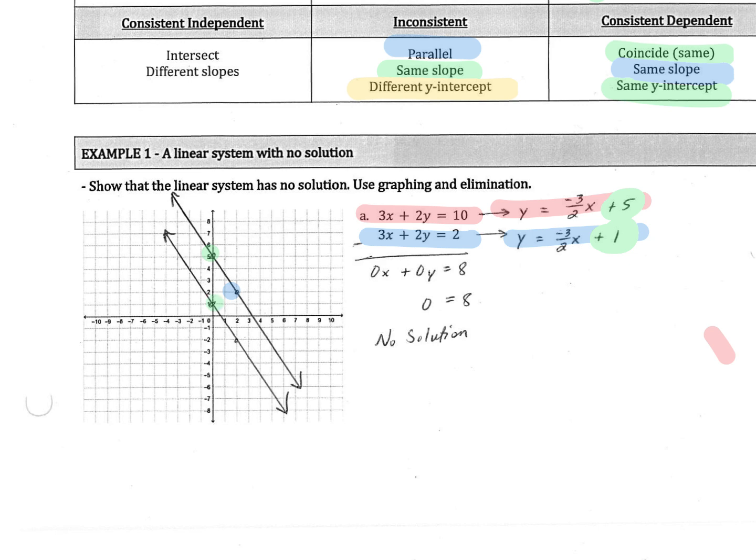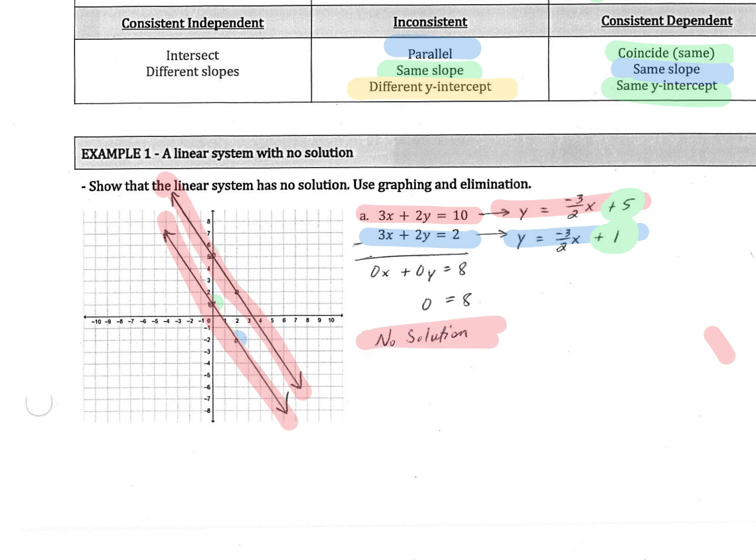For the second equation, we get a y-intercept of 1. We go down 3, right 2, and our point ends up a little further down. But when we connect both lines, they are parallel. Hopefully you would agree that these lines go the same direction. Okay, that means there is no solution.